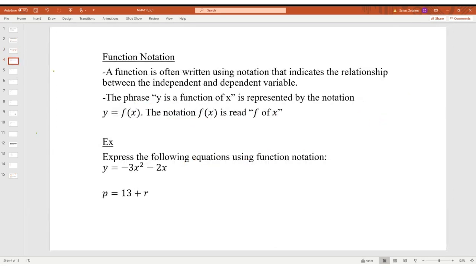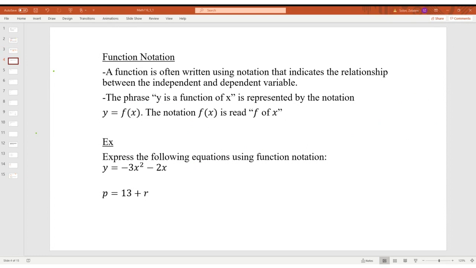Now, this is the function notation. We use function notation to represent functions. For example, in the relation we saw A is a function of R or Y is a function of X. A function is often written using notation that indicates a relationship between independent and dependent variable.